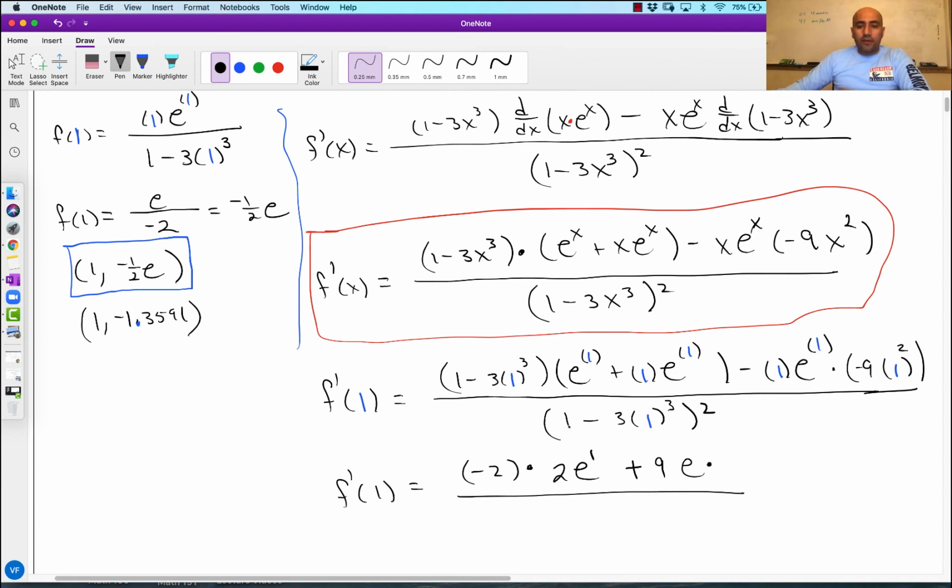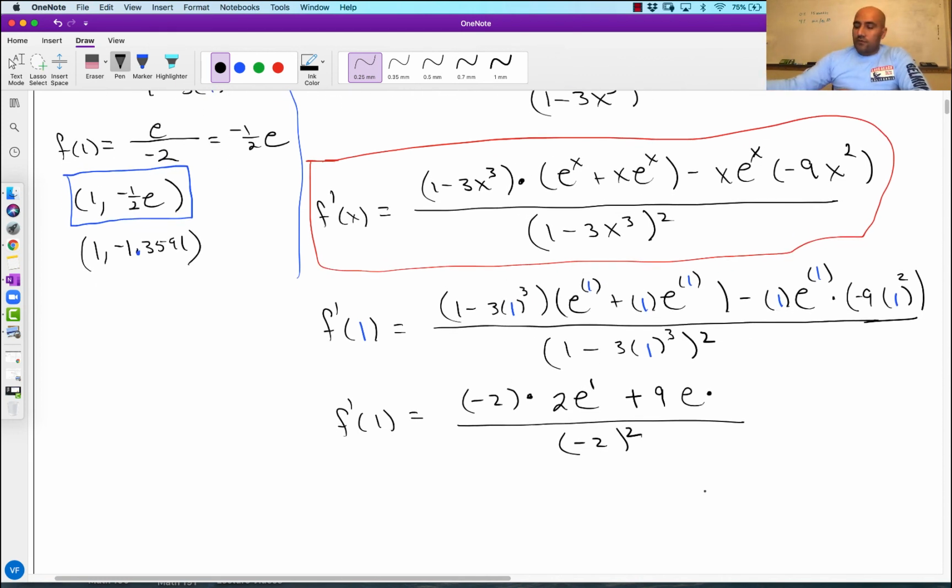And then the whole thing gets divided by 1 minus 3 times 1 cubed. That's just going to be 1 minus 3, which is negative 2. Negative 2 squared. So then f prime of 1 becomes minus 4e plus 9e divided by positive 4 now.